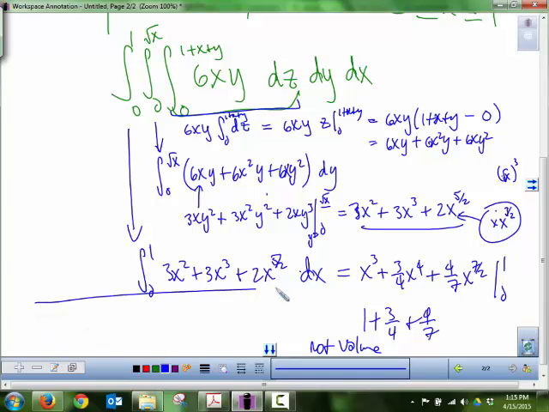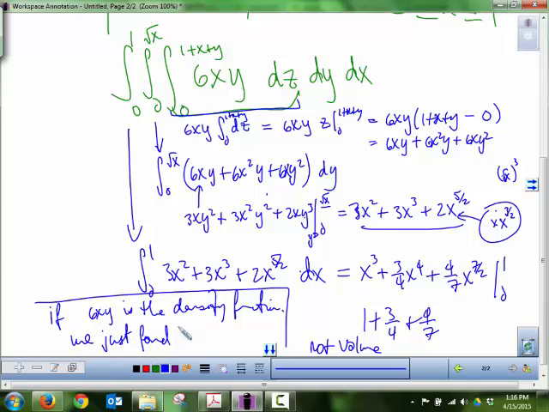And then we can say on the side here, if 6xy is the density function, then we just found the mass of the solid.